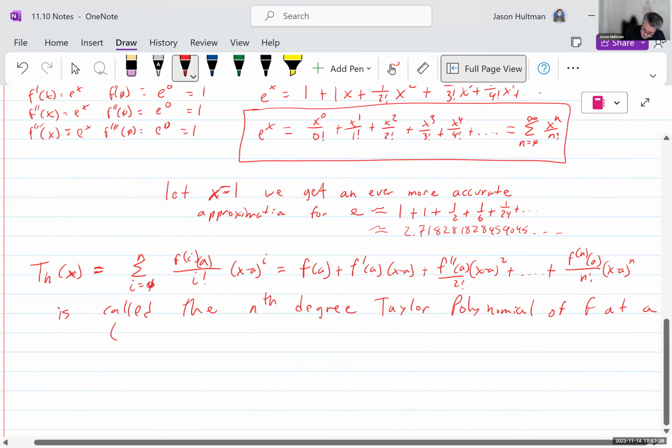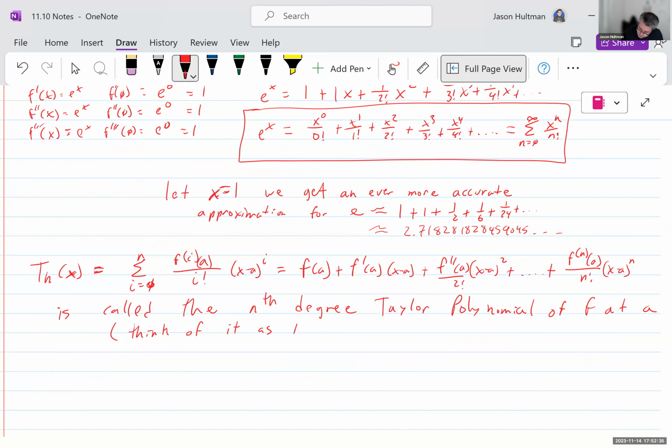And think of it as the nth partial sum, remember S sub n, nth partial sum of the series.